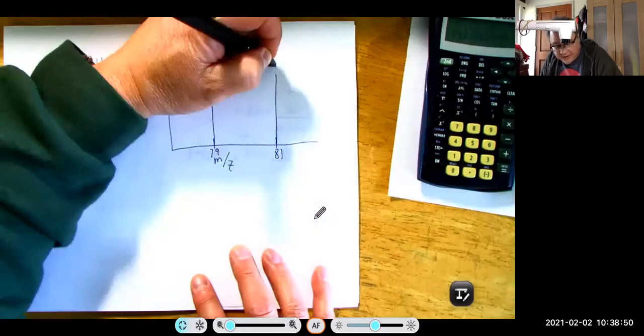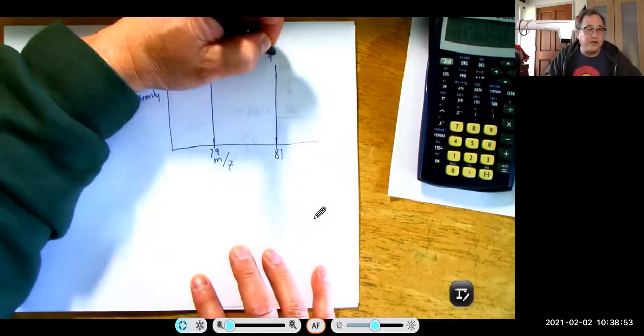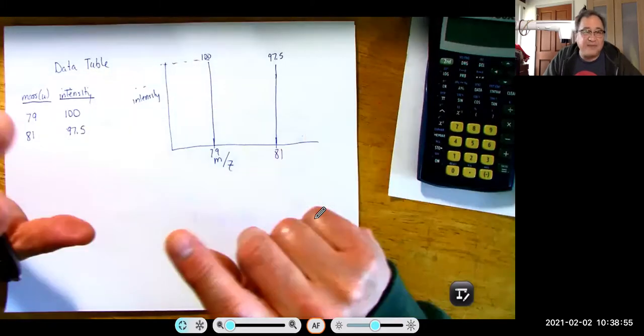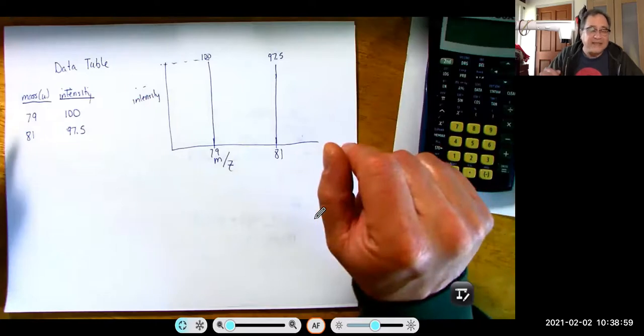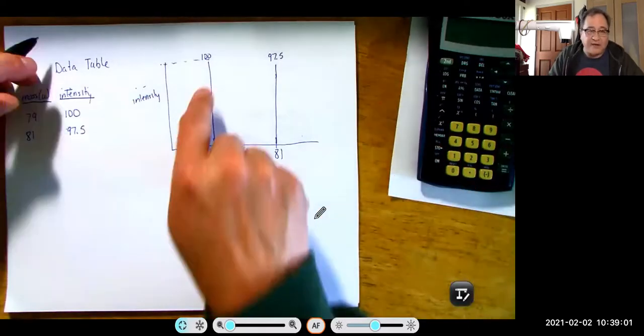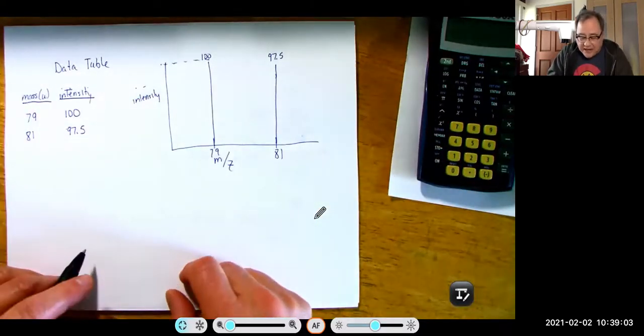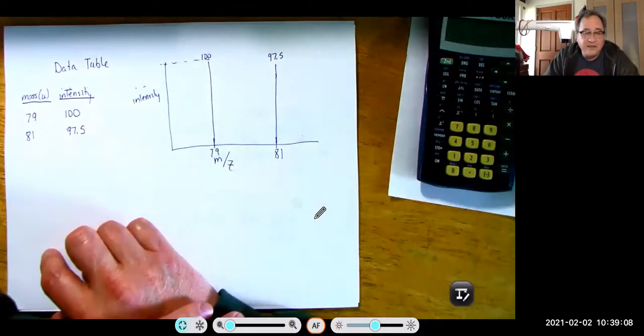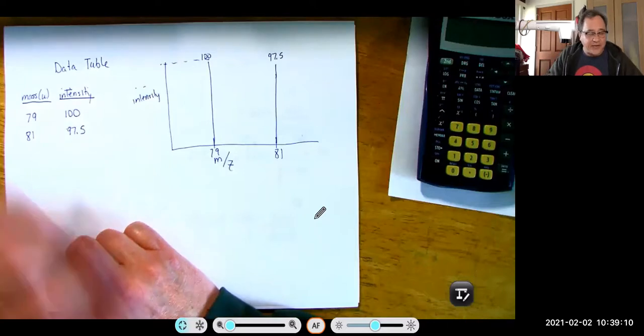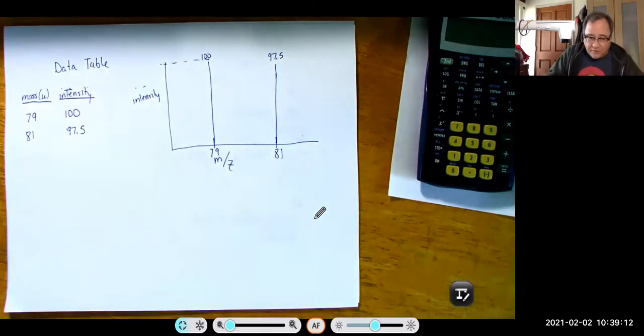And this is going to be 97.5. You'll also notice I did not make any attempt to make sure that the 97.5 was precisely 97.5 compared to the 100. I made it look like it should be lower than that one, and I call it 97.5. So you don't need to take out the ruler and measure these things.